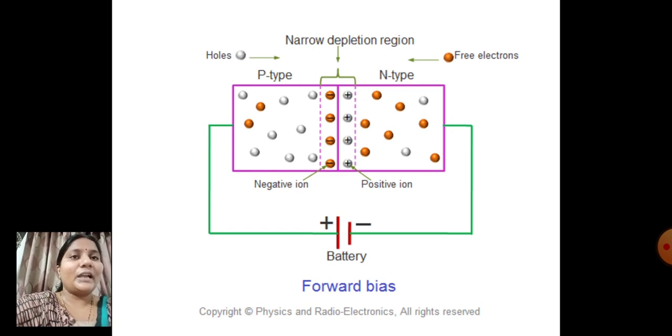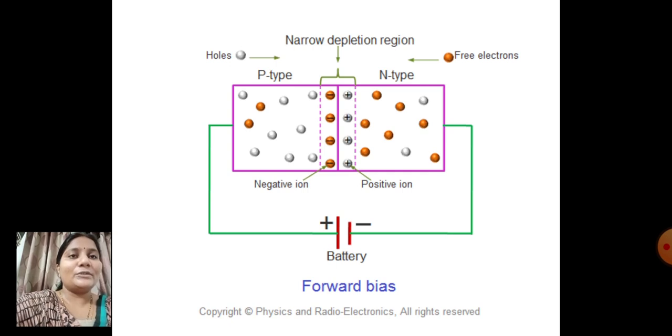If I use germanium as the p-type and n-type semiconductor, when I start from 0 volts, 0.1, 0.2, 0.3, exactly at 0.3 battery voltage the majority charge carriers cross the junction. So it is 0.7 for silicon material and 0.3 for germanium material.